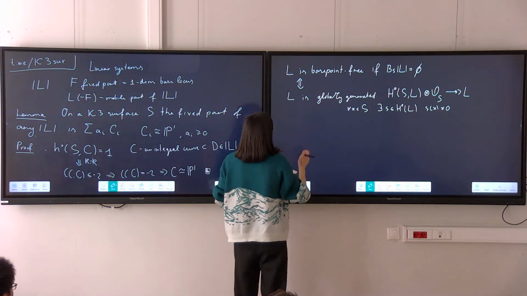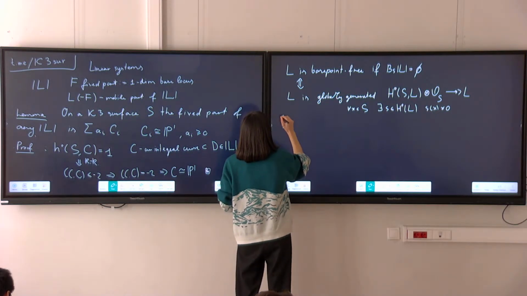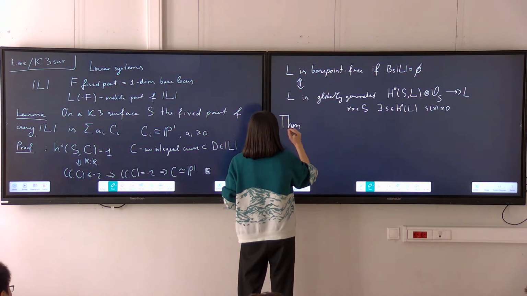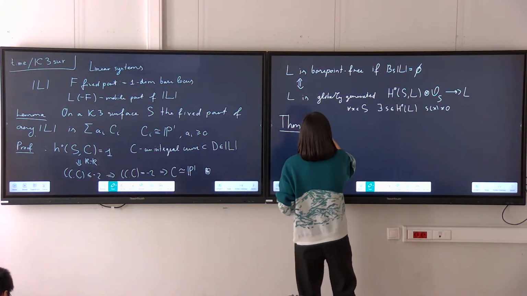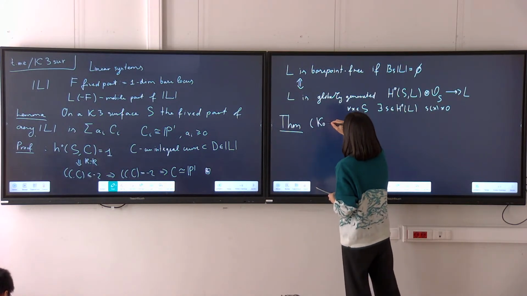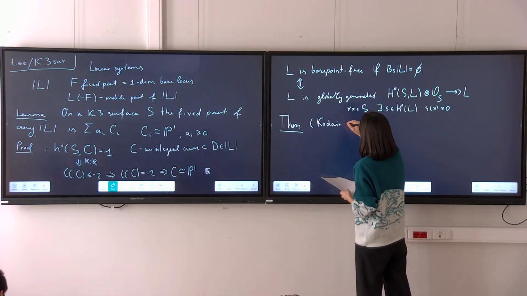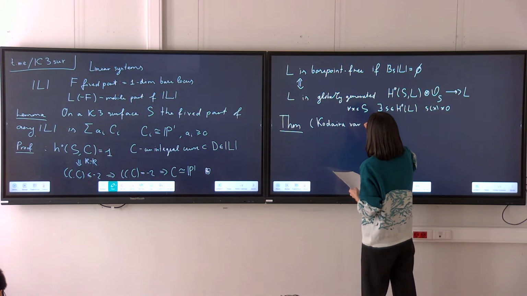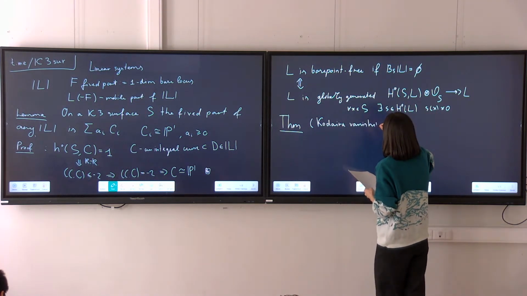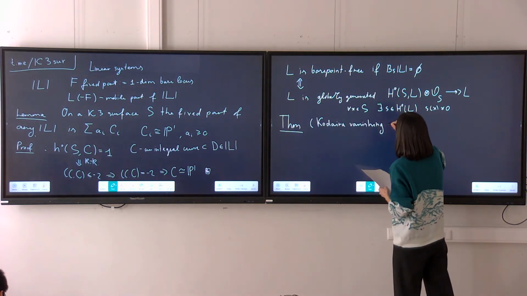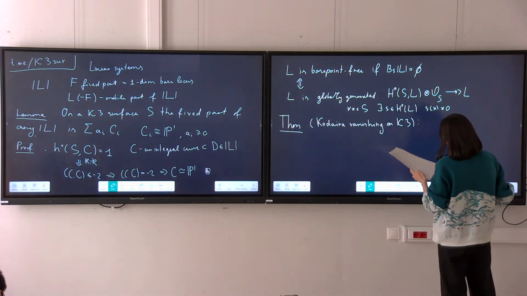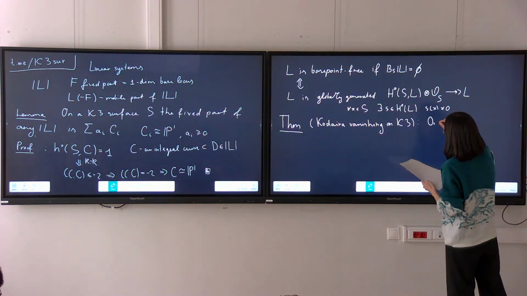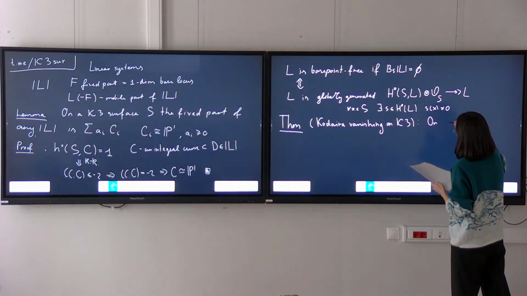Okay, and now let me prove the Kodaira vanishing theorem on a K3 surface, because in this case it's not very difficult. What is the statement?